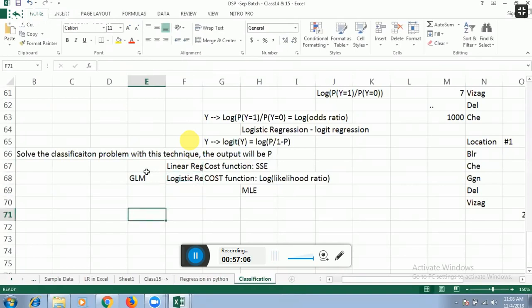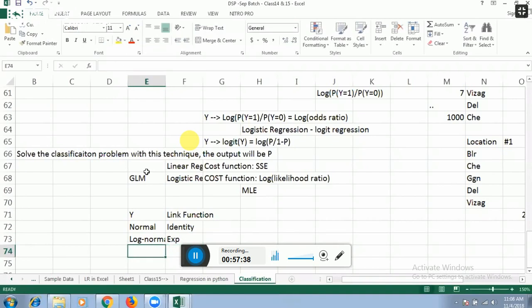How? For example, your y is following something and you have a link function. Suppose y is following a normal distribution. What is your link function? Identity function, because there is no change, right? Because we want to get the identity function. And if it is a log normal distribution, then we will use exponential.